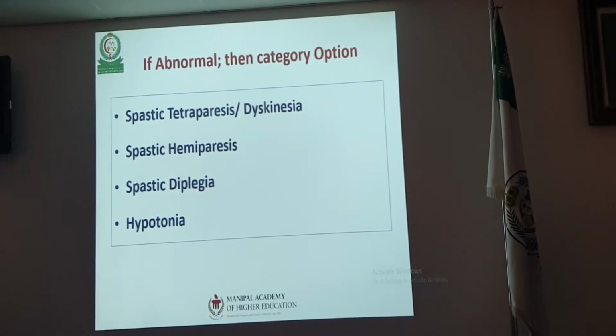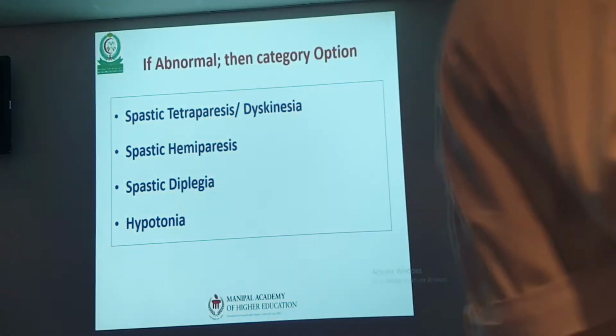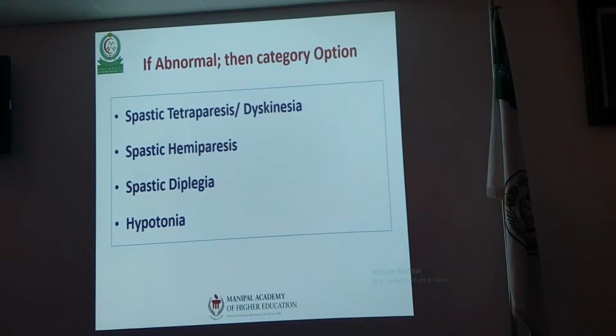If your baby is coming normal or transient, no need to use the last category of abnormality. If your baby is coming abnormal, then only you will use category of abnormality.